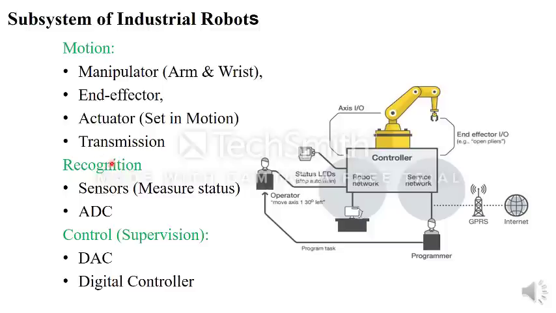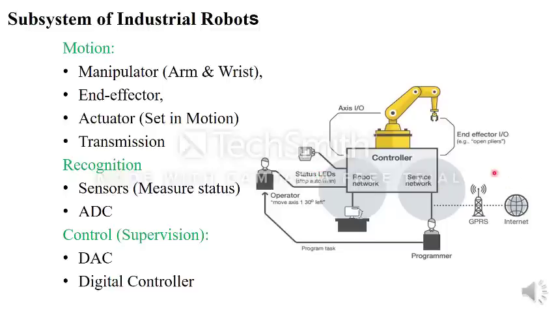Transmission, recognition. For recognition you need sensors. That is ADC, analog to digital conversion, and control supervision like digital to analog conversion, digital controller, GPS. So a robot is something that brings all the departments together so that the robot will be more perfect.